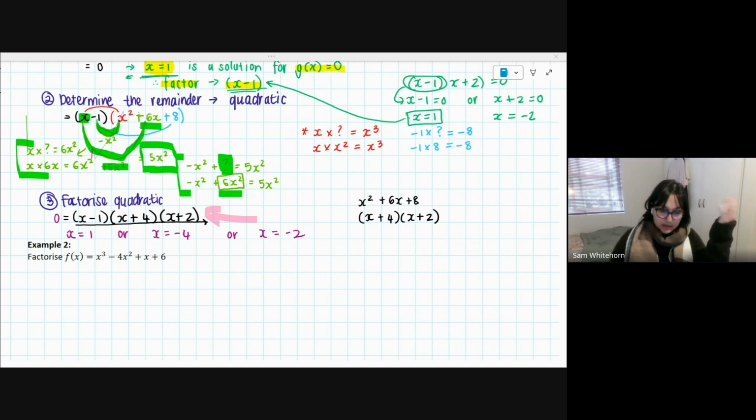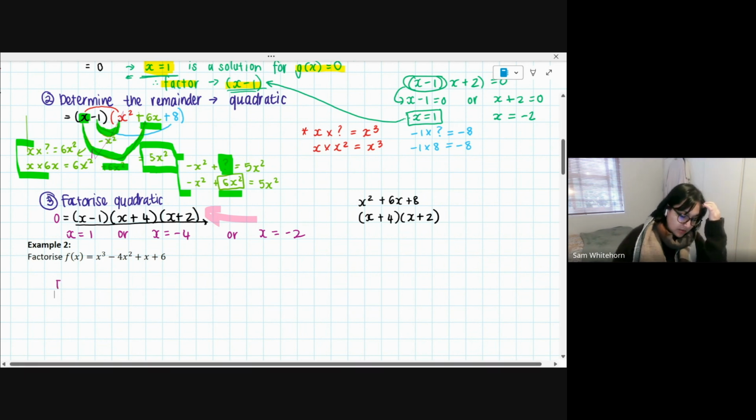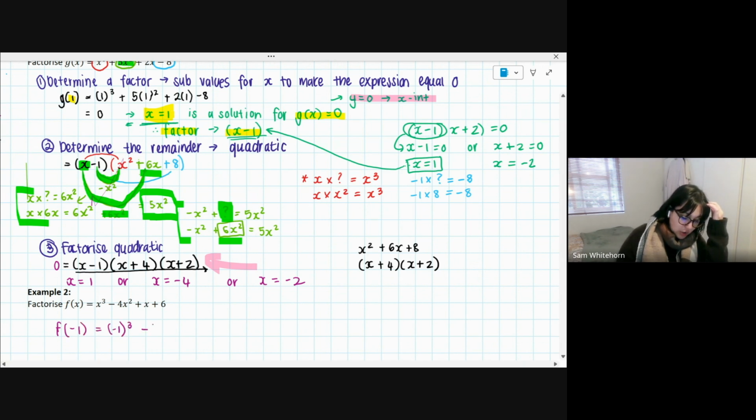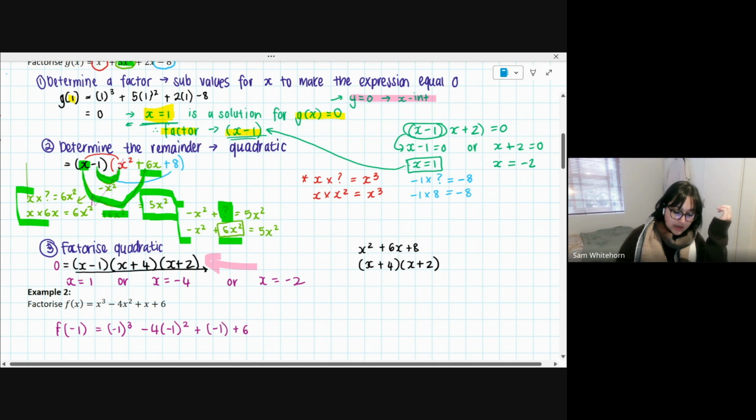Now, obviously, I've done these, so I know that if I substitute in -1, I'm going to get 0. You might have started with +1. You wouldn't have gotten a solution of 0, and so you would have moved on to the next option. But if you substitute in -1, you get that your expression has a value of 0.